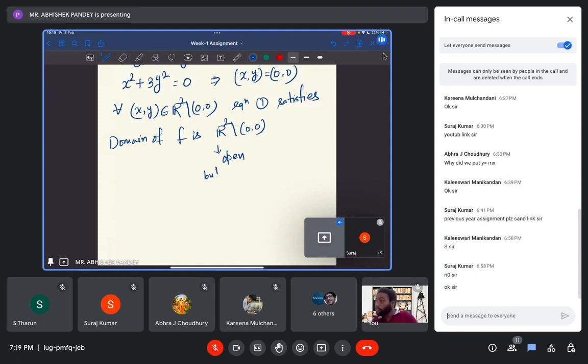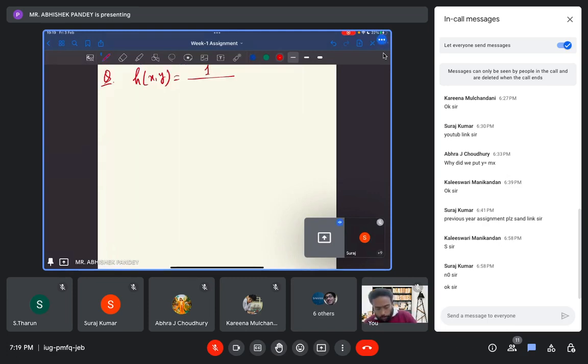Next question is, let h of x comma y is equals to 1 by root over 4 minus x square minus y square. Okay, so we need to check whether the domain of h is open and bounded or not.